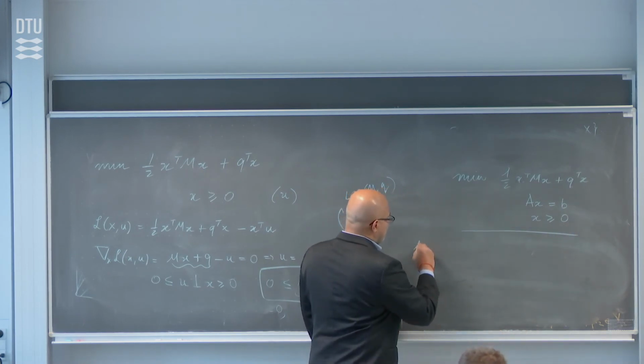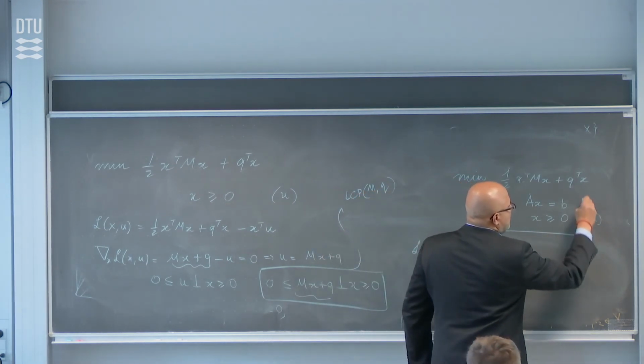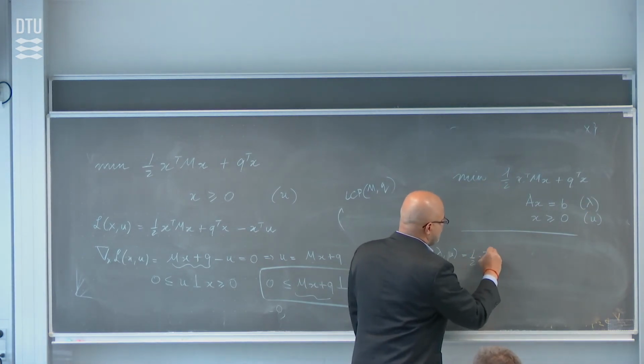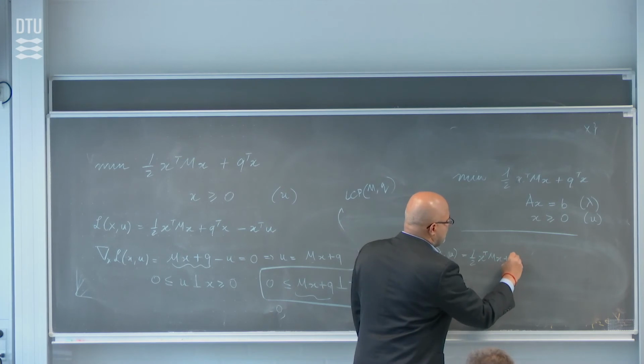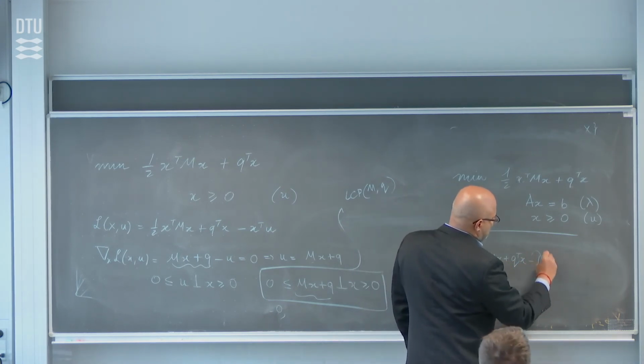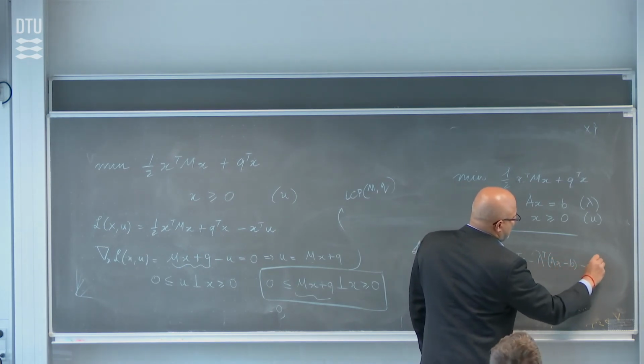I would say the Lagrangian function would be, if this is u and this is lambda, half x transpose Mx plus q transpose x minus lambda transpose (Ax minus b) minus x transpose u.